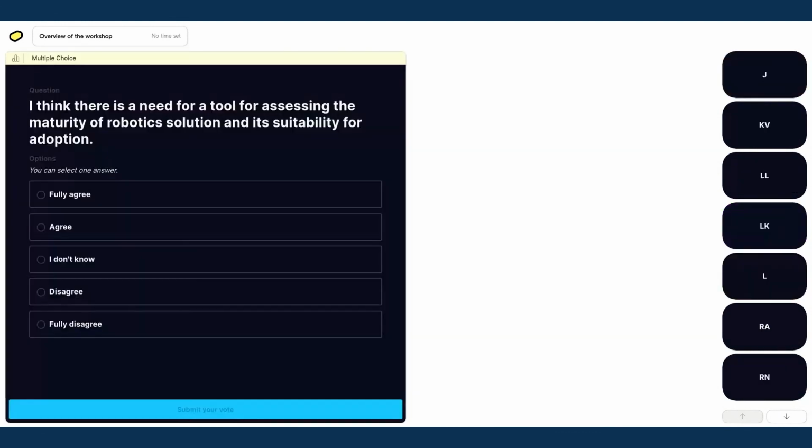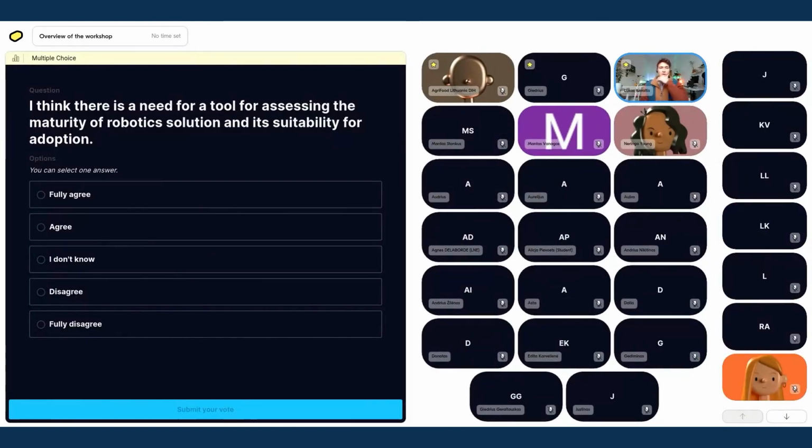One more poll, I think. One more question is left. Okay, I think there is a need for a tool for assessing the maturity of robotic solutions and their suitability for adoption.